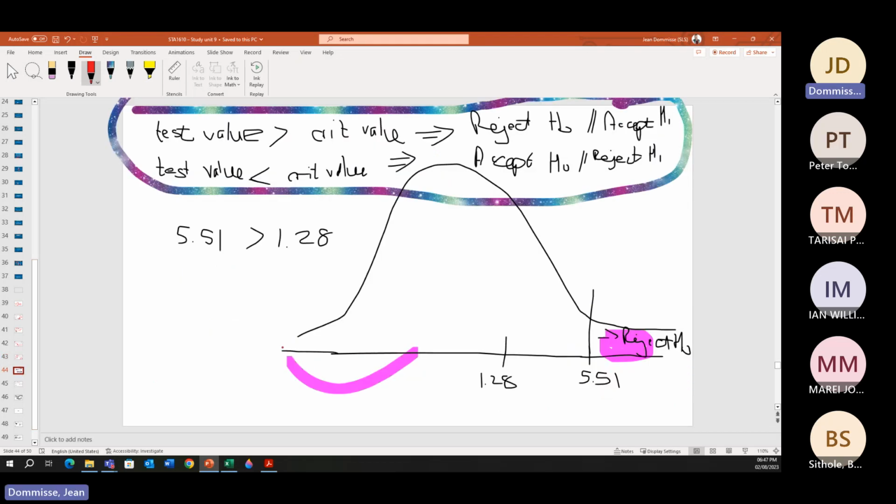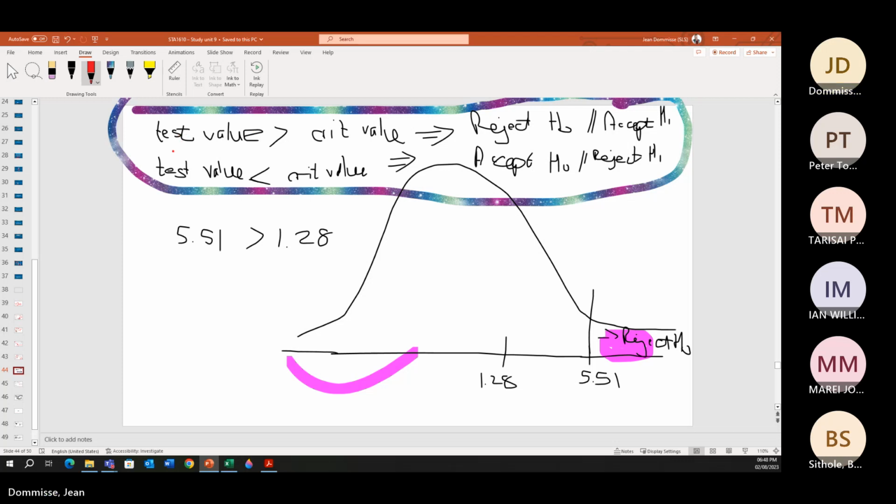So what I've done here, and this is just, I added this slide for you guys. I said when it's bigger, we reject the null hypothesis. So here's ways that you can also look at it.